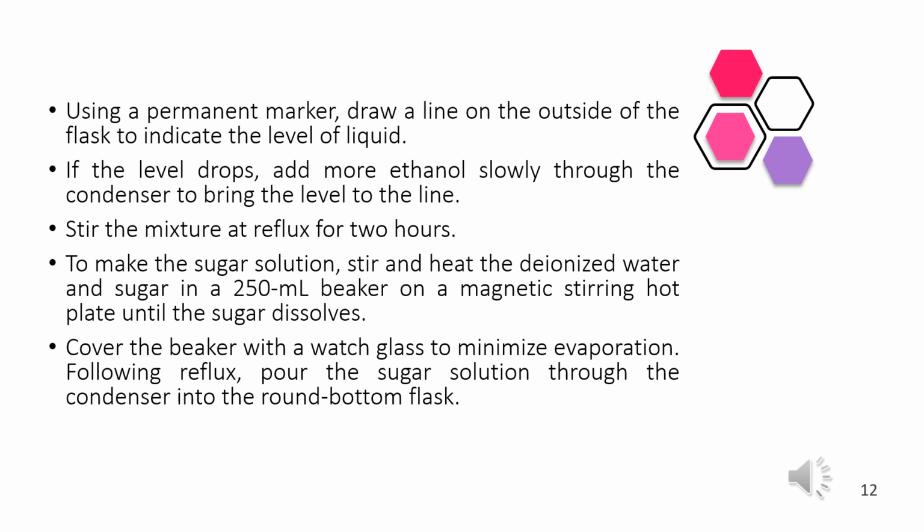By covering the beaker with the watch glass, the evaporation will be minimized. Following the reflux condition, we will pour the sugar solution through the condenser into the round bottom flask. Now we will go toward the further process.